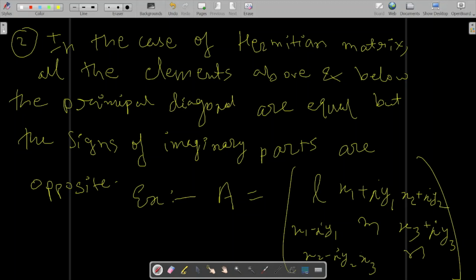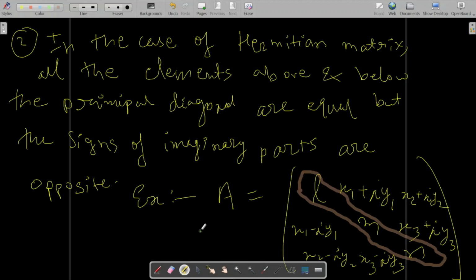Minus i y3. So this is your principal diagonal, and this is a 3 cross 3 matrix. Over here it is x1, over here also it is x1, over here it is y1, over here also it is y1. So magnitude is equal, but sign is opposite.